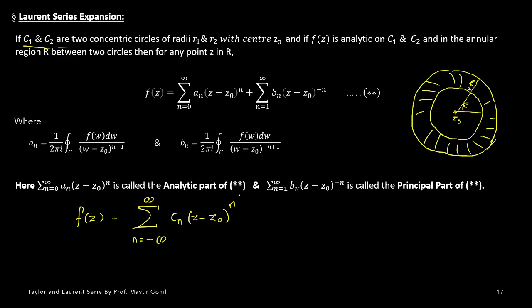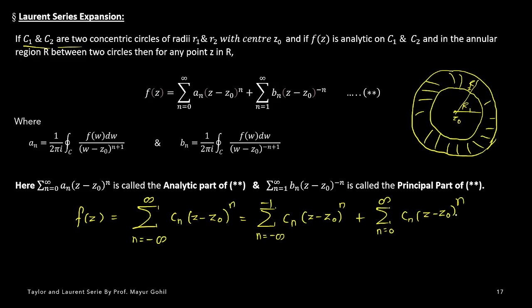So you break it up into two parts: the sum of Cn (z minus z naught) to the power n, with n running from minus infinity up to minus 1, and the sum with n running from 0 to positive infinity of Cn (z minus z naught) to the power n.